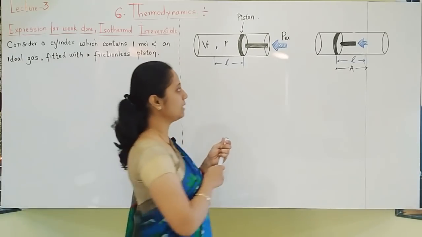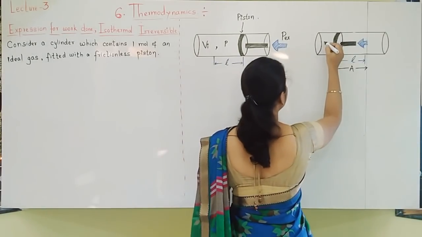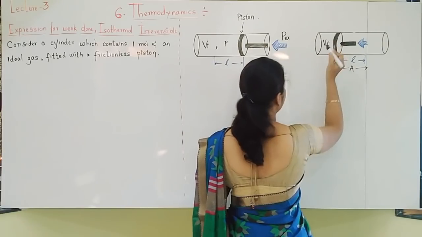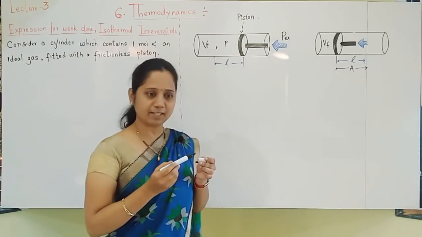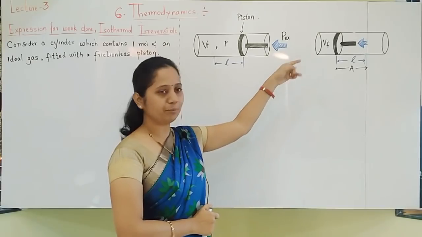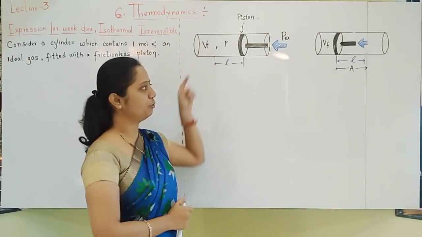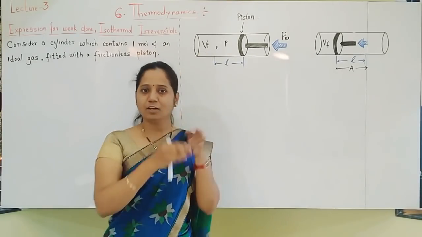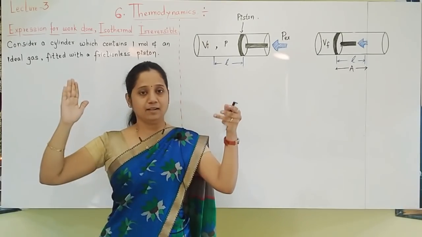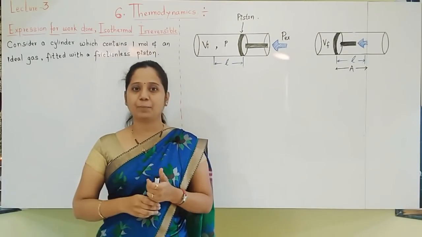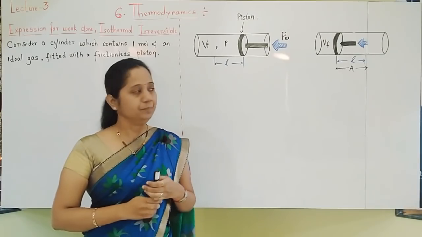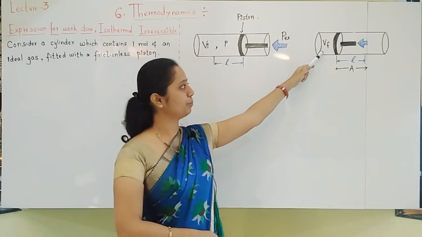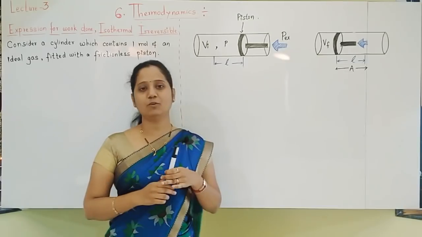After this movement, imagine that the final volume of the gas inside is Vf. Of course, you can observe that the final volume is less than the initial volume because we are compressing. We are applying pressure, meaning compression of the gas is taking place. That's why the final volume is less compared to the initial volume.